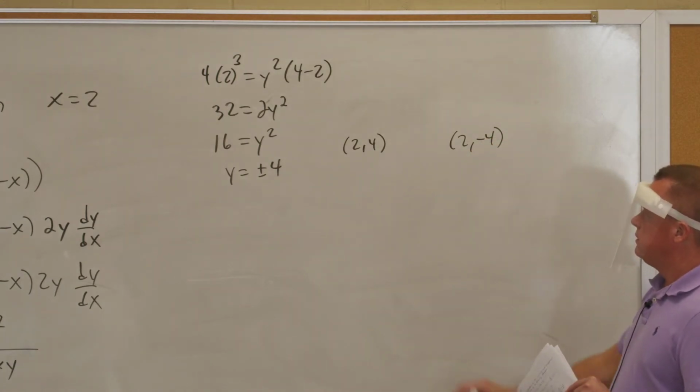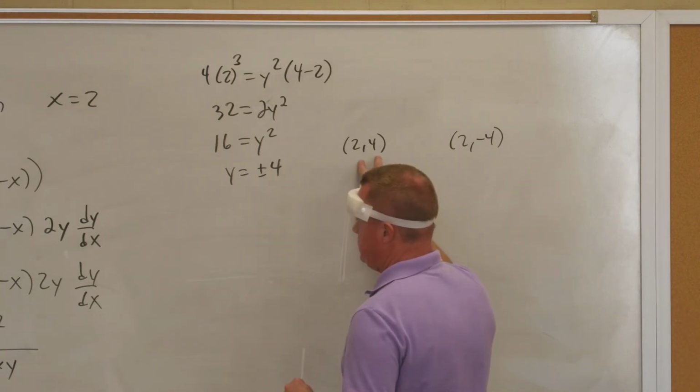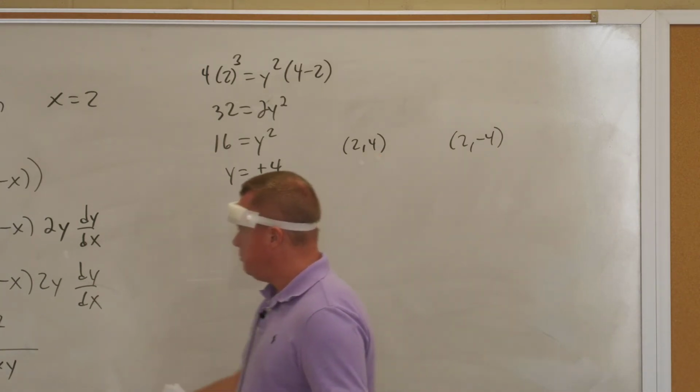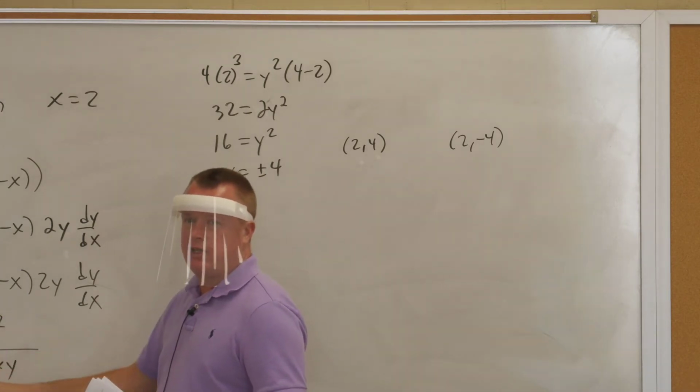So I have (2, 4) as one point, and I have (2, -4) as a point. Okay? So at (2, 4), I need to plug that into the derivative for my x's and my y's and see what my slope of my tangent line is.